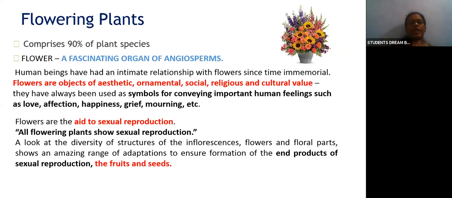Clear? So 90% of the plant species are flowering plants, all of which we call angiosperms. Flowers are the aid of sexual reproduction, and all the flowering plants show sexual reproduction. The final end product is the fruit and the seeds.